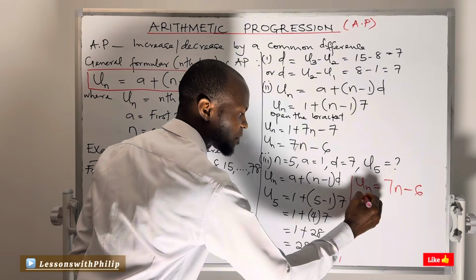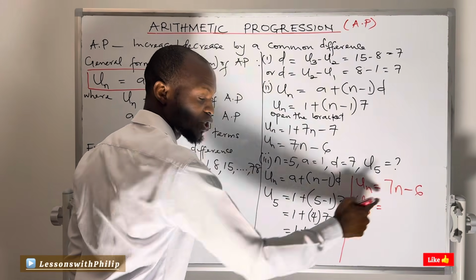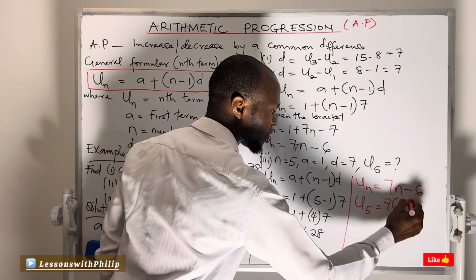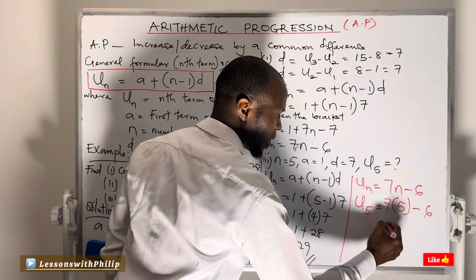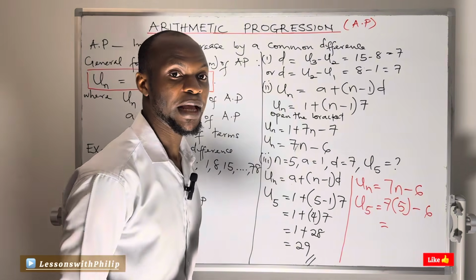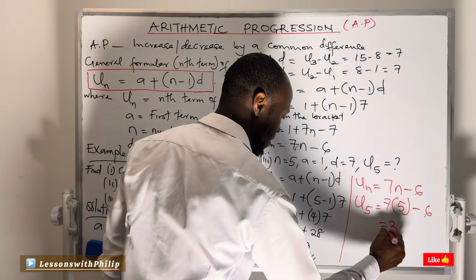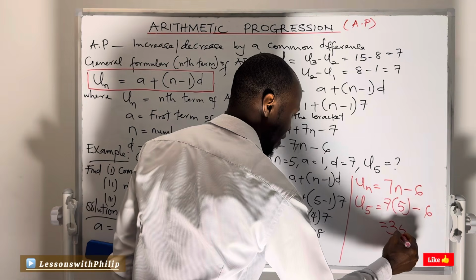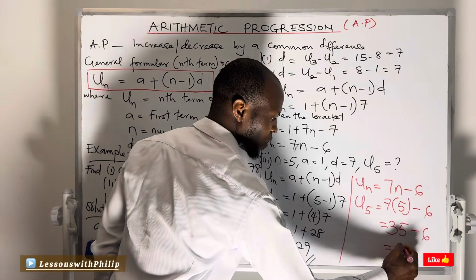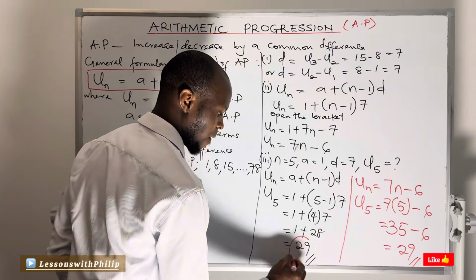Therefore, my fifth term will be 7 multiplied by 5 minus 6. 7 times 5 is 35, minus 6 will still give you 29. Can you see? We got the same answer.